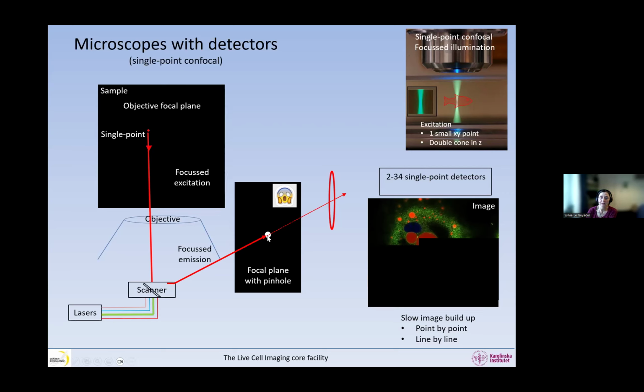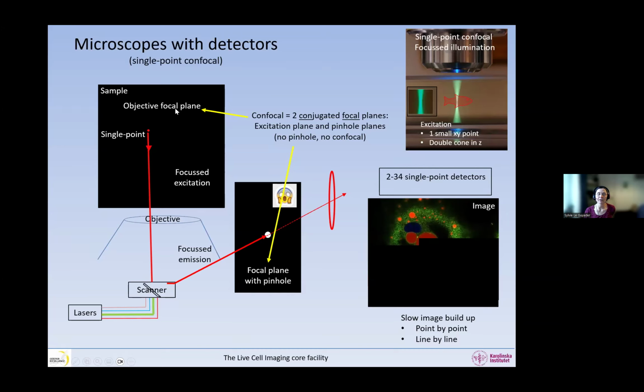We have just a little hole in the middle that will only allow a little bit of the light to go through. So it sounds pretty freaky, but there is a reason for that, clearly. What I would like to tell you is that we have here the focal plane for a pinhole, and we have a focal plane for the objective, and these two planes are actually linked to each other, so they are conjugated. We have two conjugated focal planes, and this is the reason why confocal microscopes are called confocal.